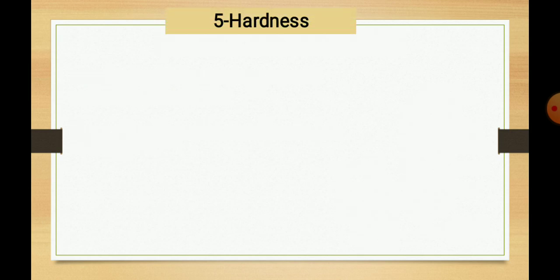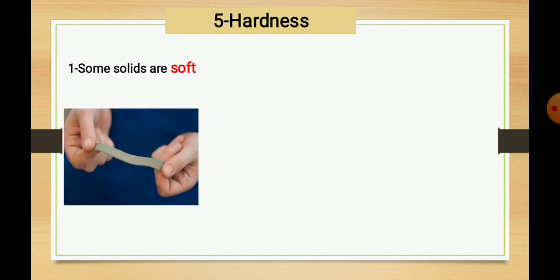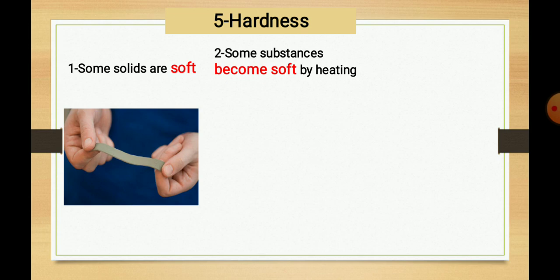What about the hardness? Solid substances are divided according to hardness into three types. Number one, solid substances that are soft at ordinary room temperature.